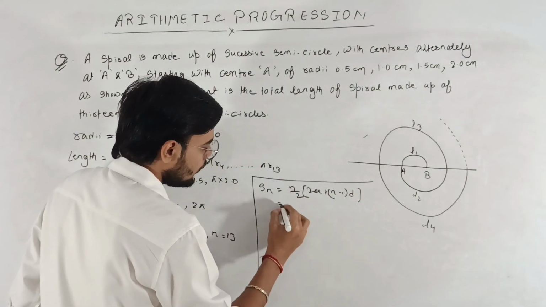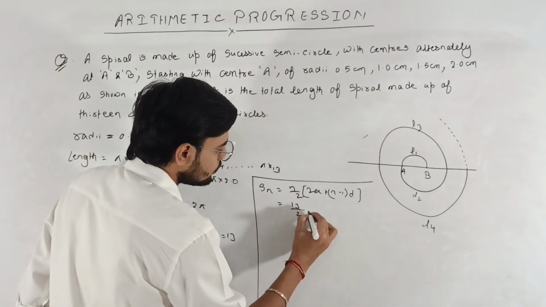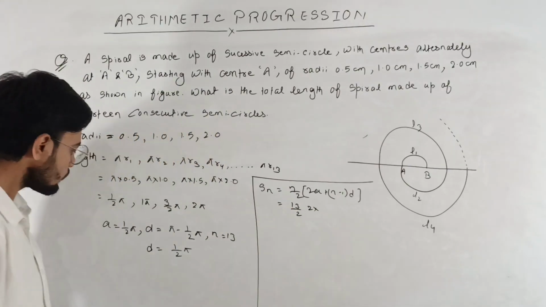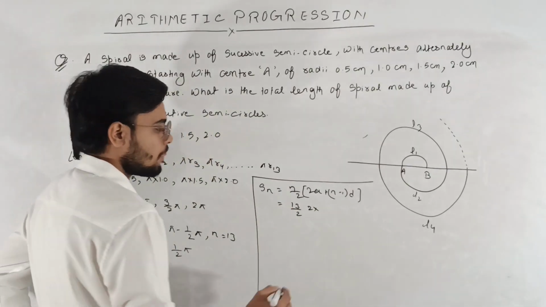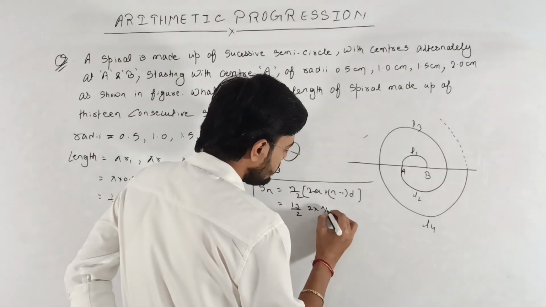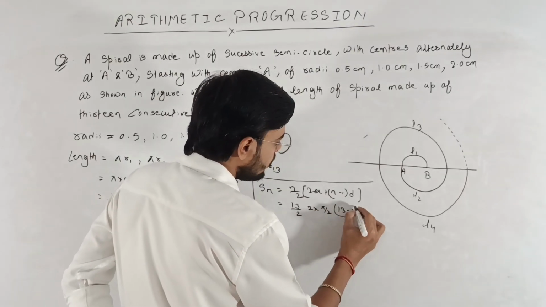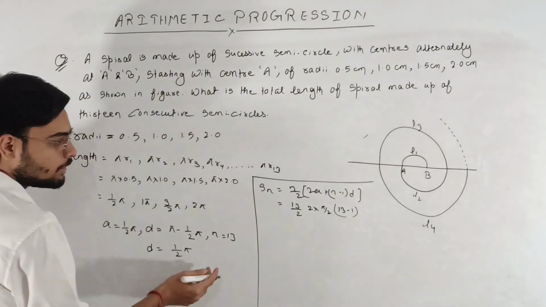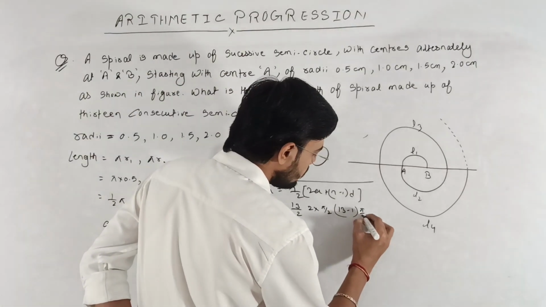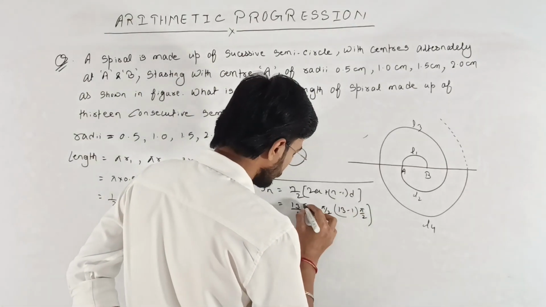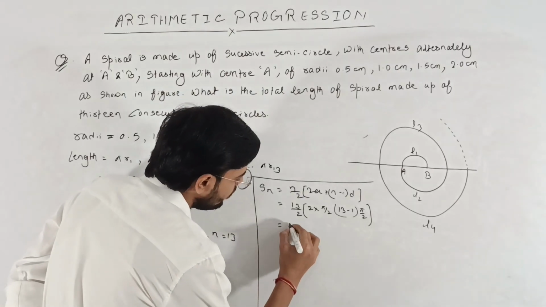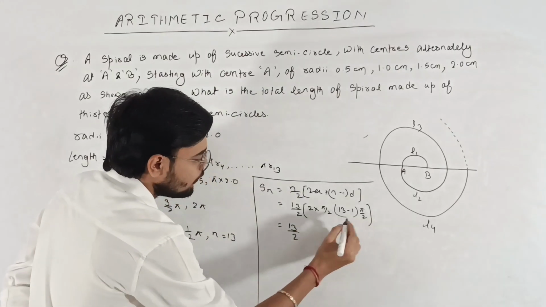Now put the values. n is 13. 2a is 2 into 1 upon 2 pi, which means pi. n minus 1 is 13 minus 1. d is what? Again half pi, which is pi by 2. Okay, now 13 upon 2.